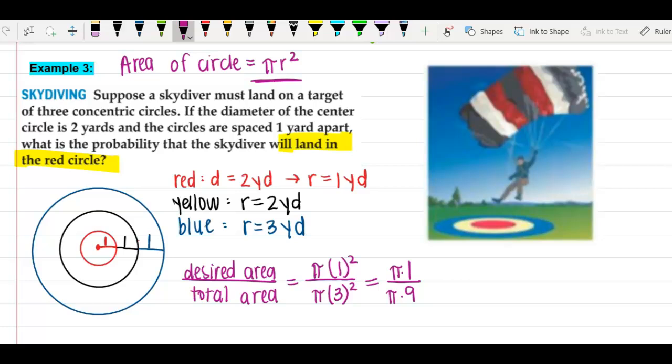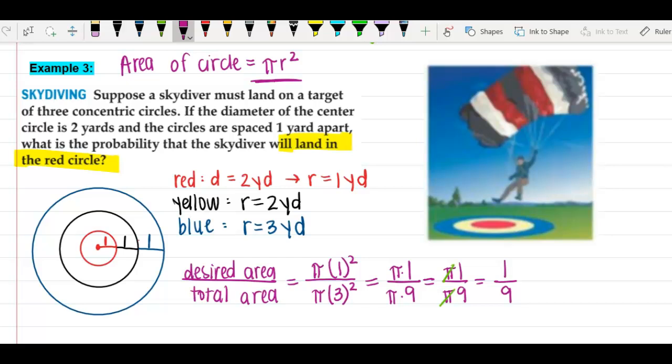Well, conveniently, since pi is on the top and the bottom, these are actually going to cancel. So this will cancel here, that'll cancel there. I guess I should have picked a different color so you could see it. Cancel, cancel. So really, the probability that we land in the red one, knowing that we're going to hit the target, is 1 over 9.